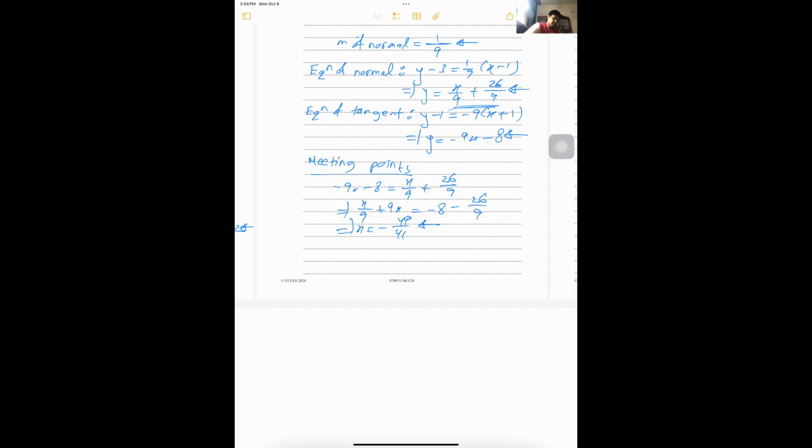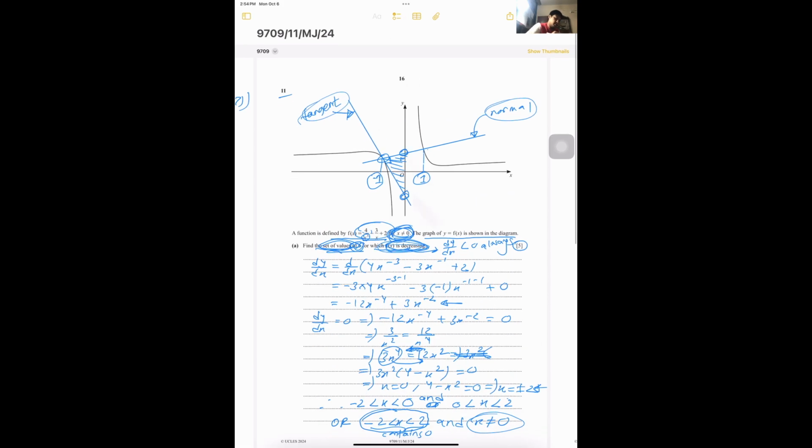Okay, now we need to find these points, actually the points I was initially talking about, this one here and this one there.